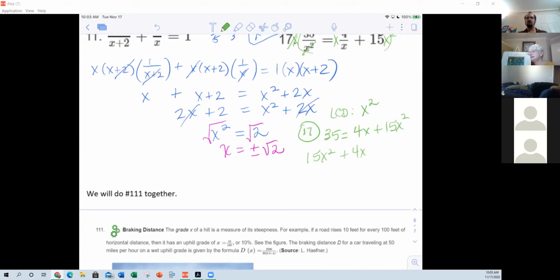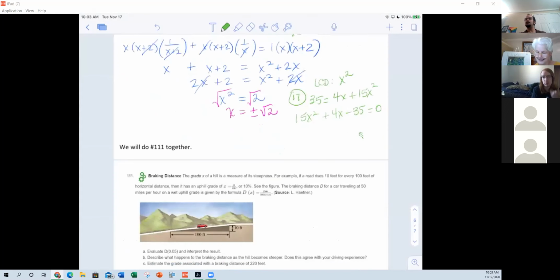Now you can use the AC method if you want. Or, because I don't want to spend too much time on this, I'm going to just use the guess and check method. Usually if you're using guess and check, you want two numbers that are going to multiply to 15.